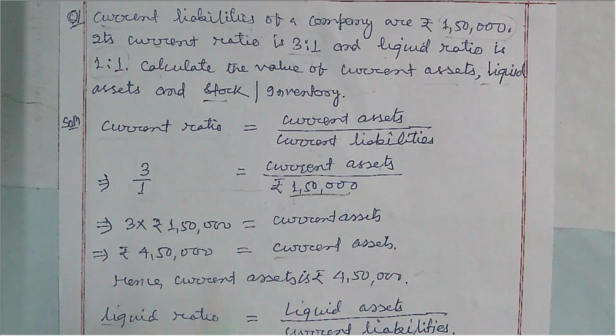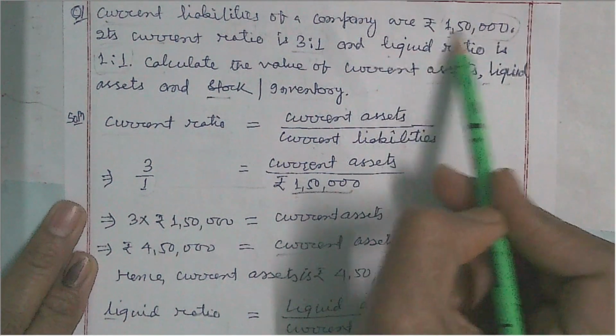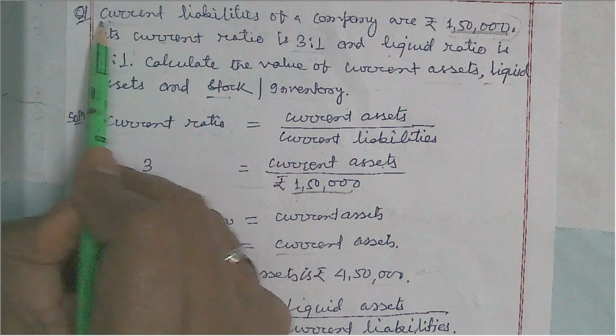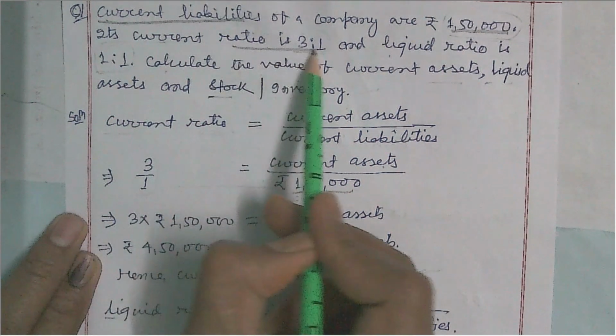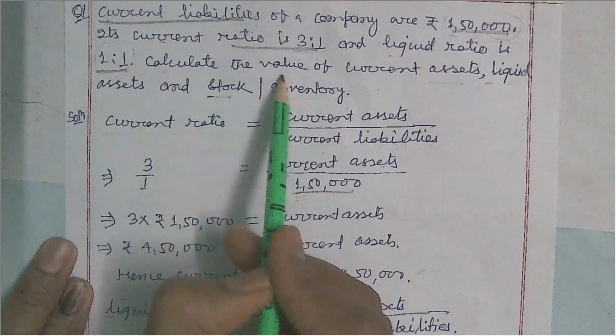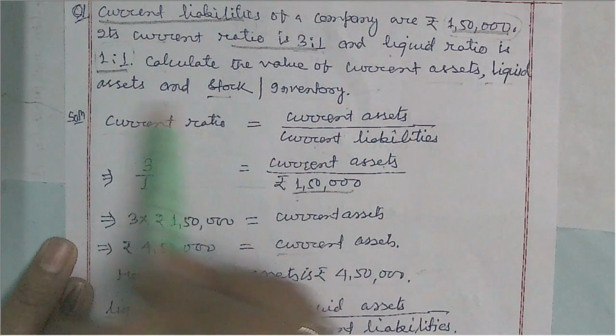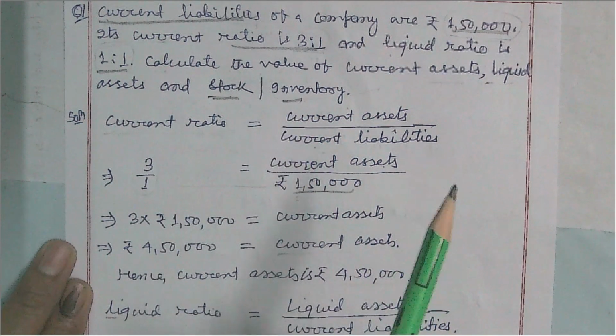Here the current liabilities of a company are rupees 1,50,000. Current liability is given. If its current ratio is 3:1 and liquid ratio is 1:1, calculate the value of current assets, liquid assets and stock or value of inventory.